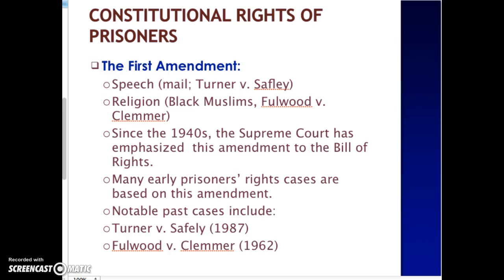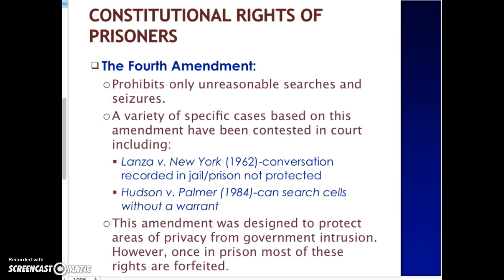The justices ruled that the policy was related to a legitimate penological interest. So you can see here where the courts have been struggling with the issue of religion in prisons, and how far organizations such as penal institutions can limit or control that activity.